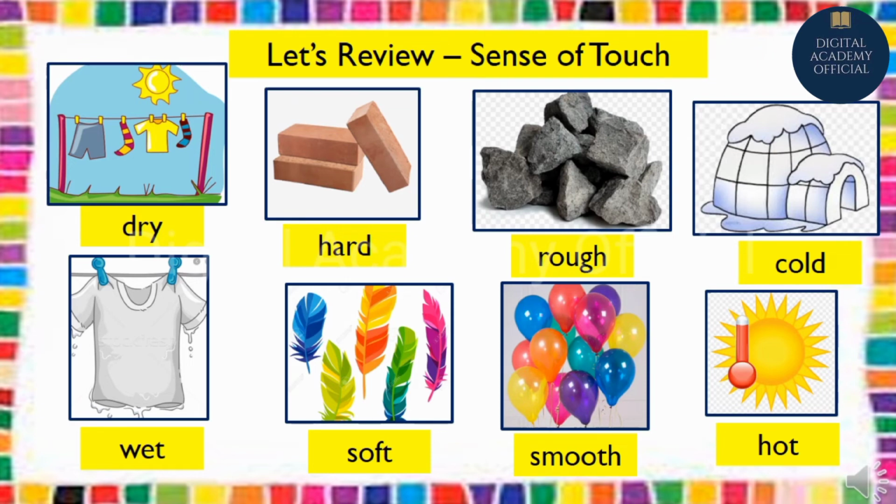Number 1, dry. The clothes hanging on the clothesline, hard bricks or stones, rough rocks, cold ice, a wet shirt hanging on the clothesline, soft feathers, smooth balloons, and hot tea or coffee.